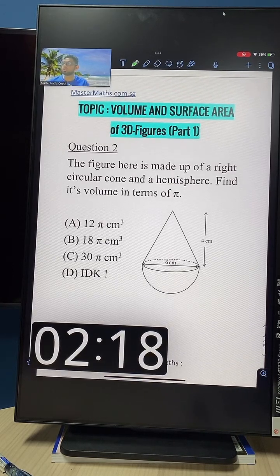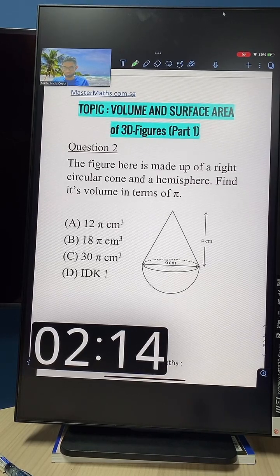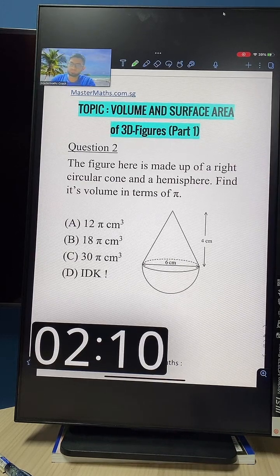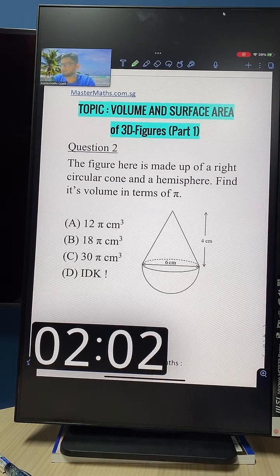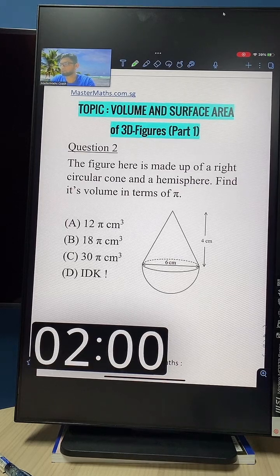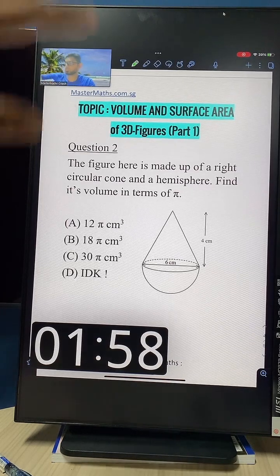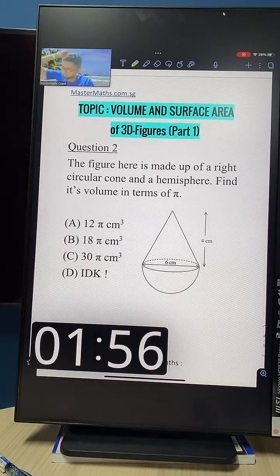A, B, C, D. Which one? You've got about 2 minutes left.